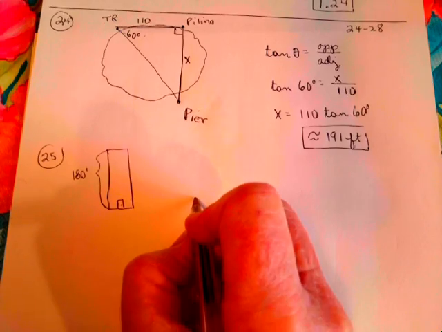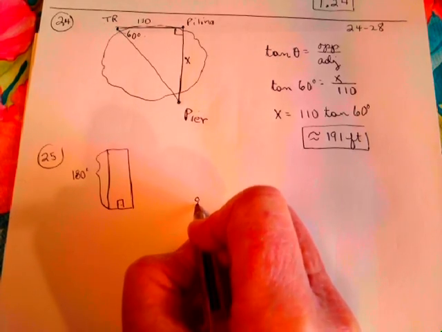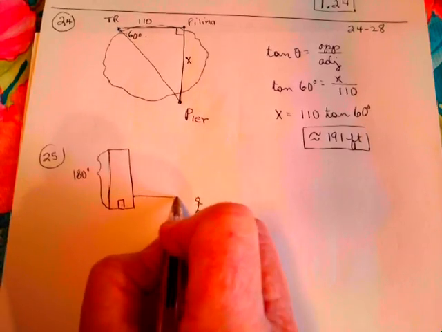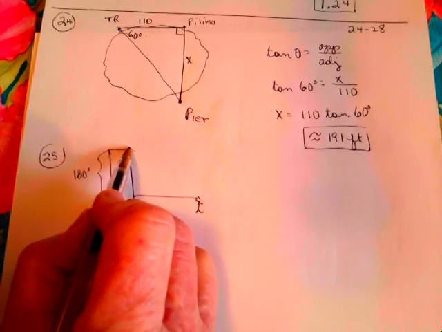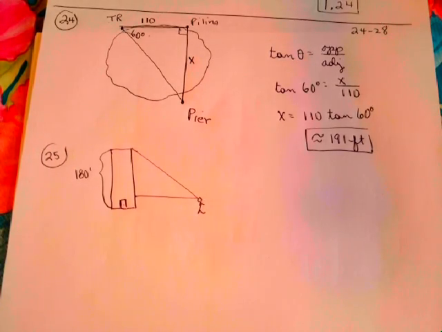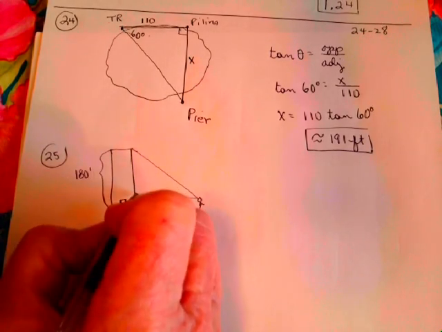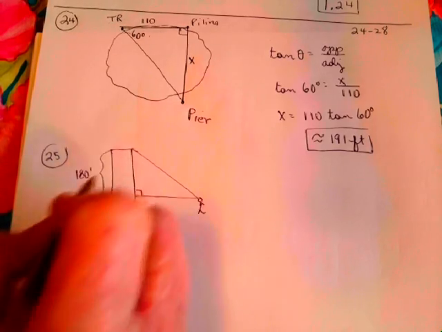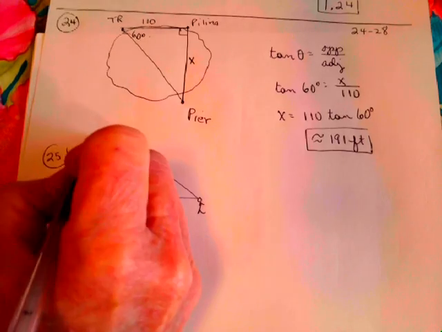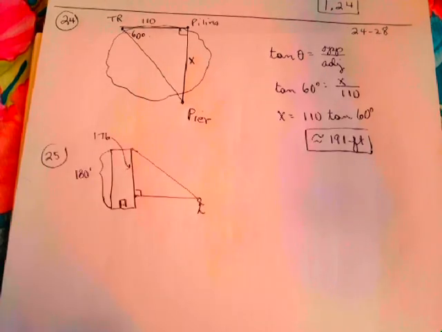This person that's standing out here looking up, his or her eyes are 4 feet above the ground. That tells me that this side of this right triangle is 176 feet.